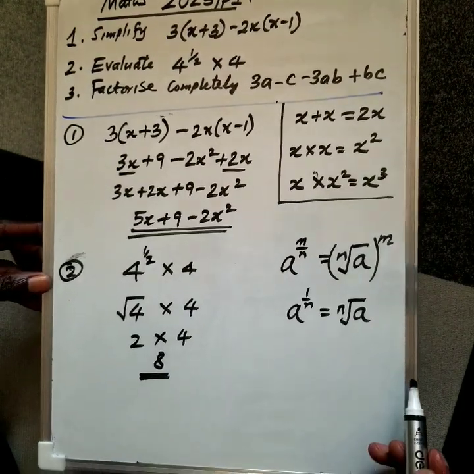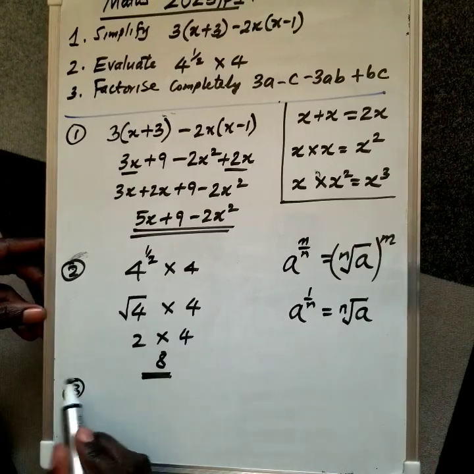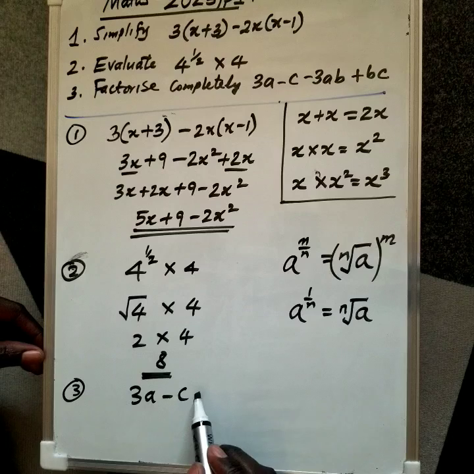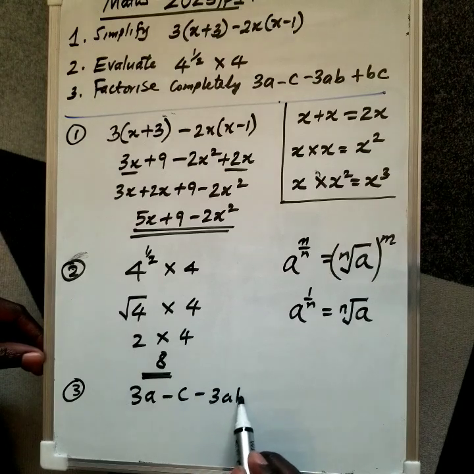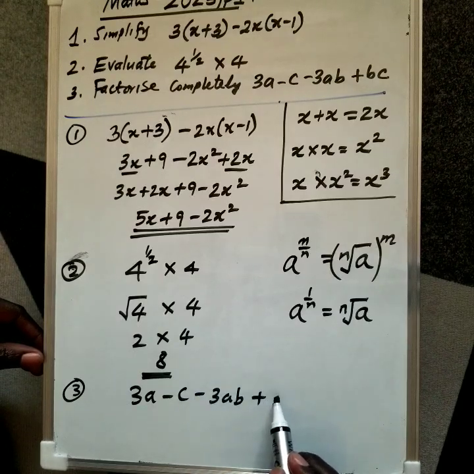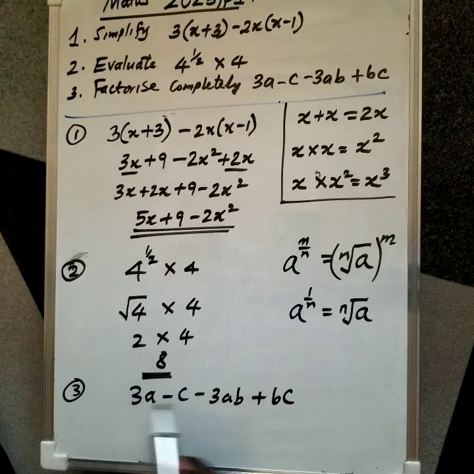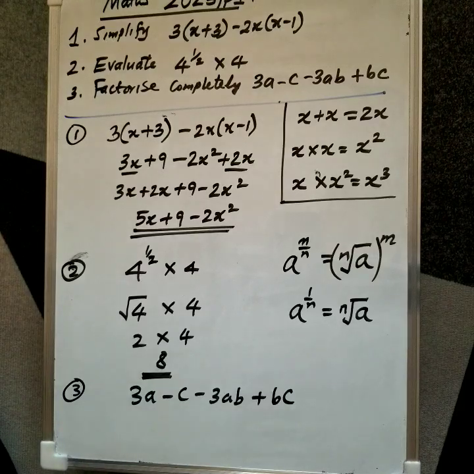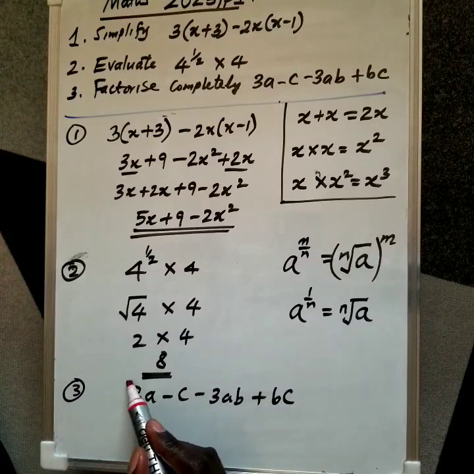Hopefully we are together. Then the third one says factorize: 3a minus c minus 3b plus bc. When you see such an expression with 4 terms and they tell you to factorize, you can factorize by simply grouping the terms. You can try to shift and move them, but in this case it is workable right away.